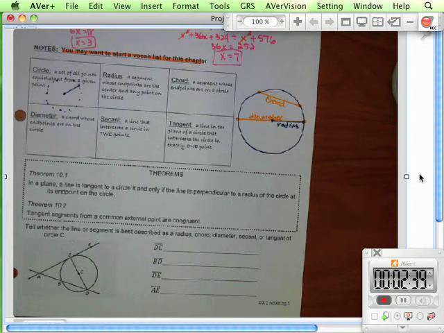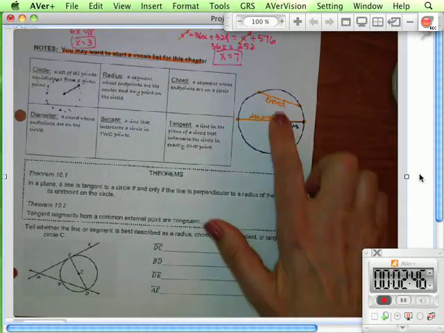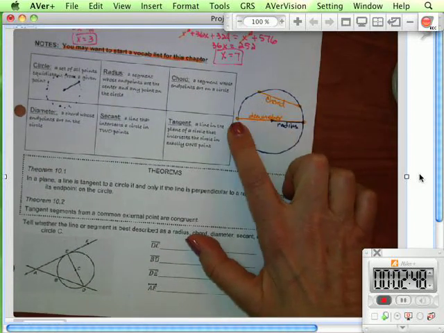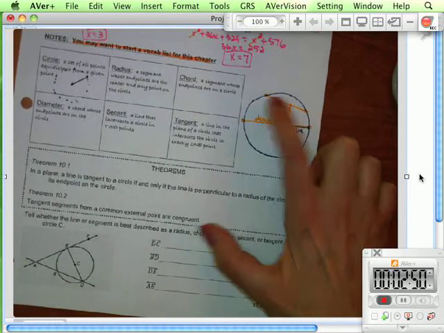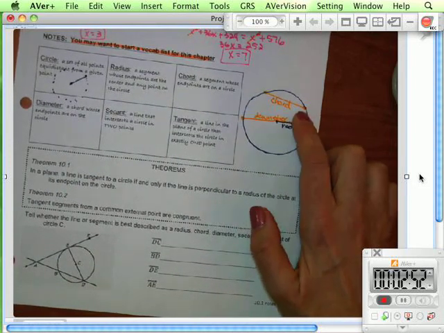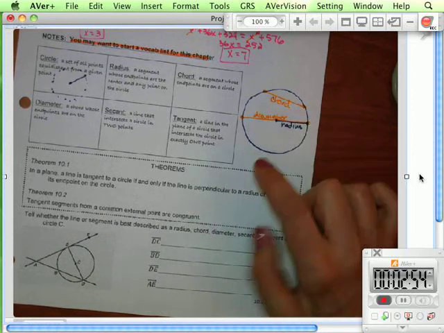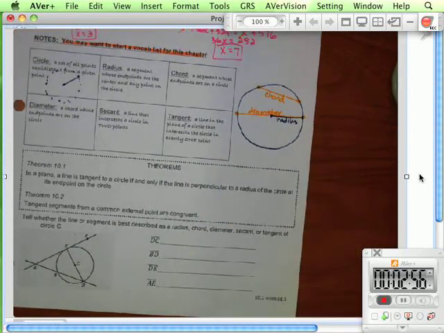What's the difference between a chord and a diameter? Nothing. A diameter is a chord. But a chord is not going all the way across. A chord can just go from any point, any 2 points on a circle. But a diameter has to go specifically twice the radius. Diameter has to be twice the radius. Okay?